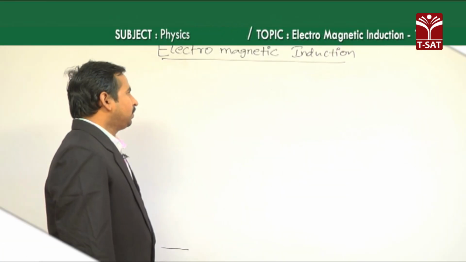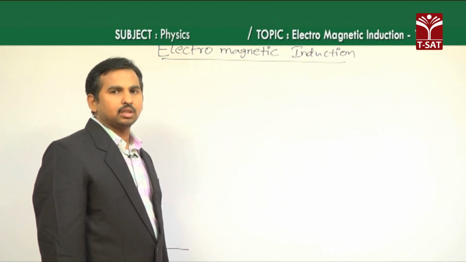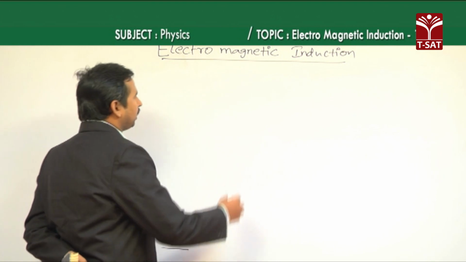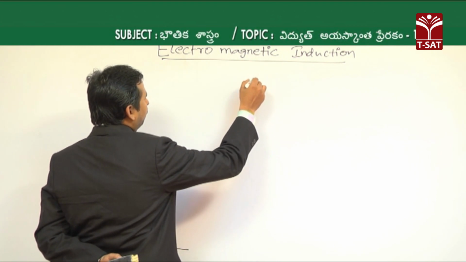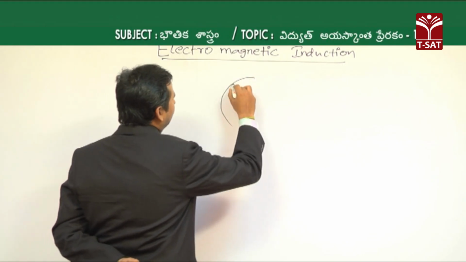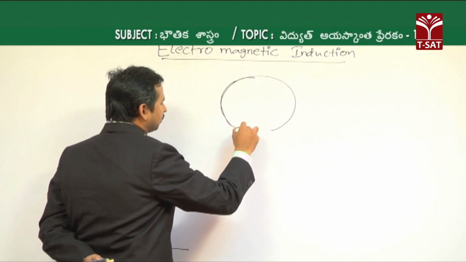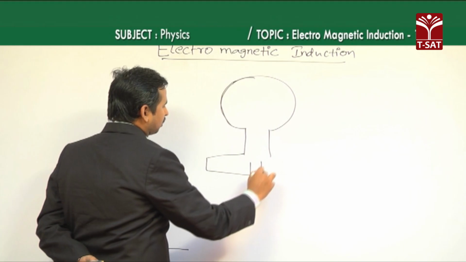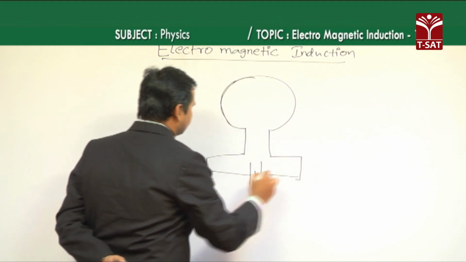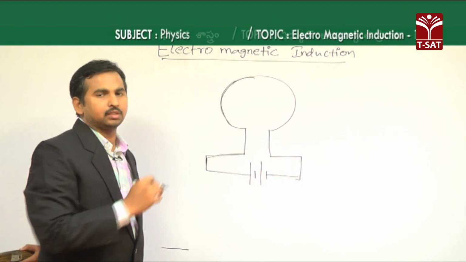Now, we are seeing the magnetic lines of forces, this time around a circular coil. A circular coil is nothing but a straight conducting wire that is bent like a circle, like this. Like this, a current carrying wire is connected like a circle.